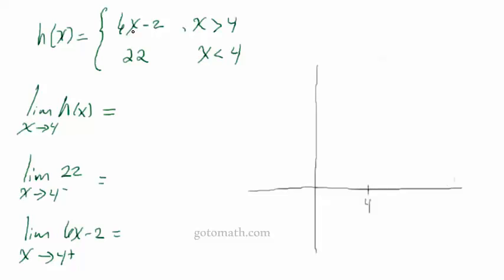Of course, if I plug 4 into this, we get 24 minus 2 is 22. So we'll say that this is 22 right here. And of course, it's an open circle, because we can't include 4, therefore, this is x is greater than 4. And it's doing something like that right there.